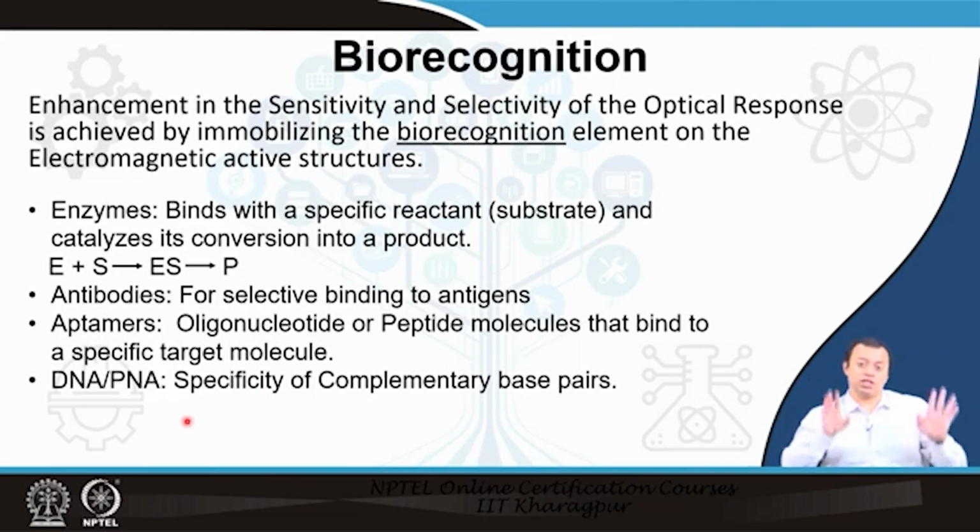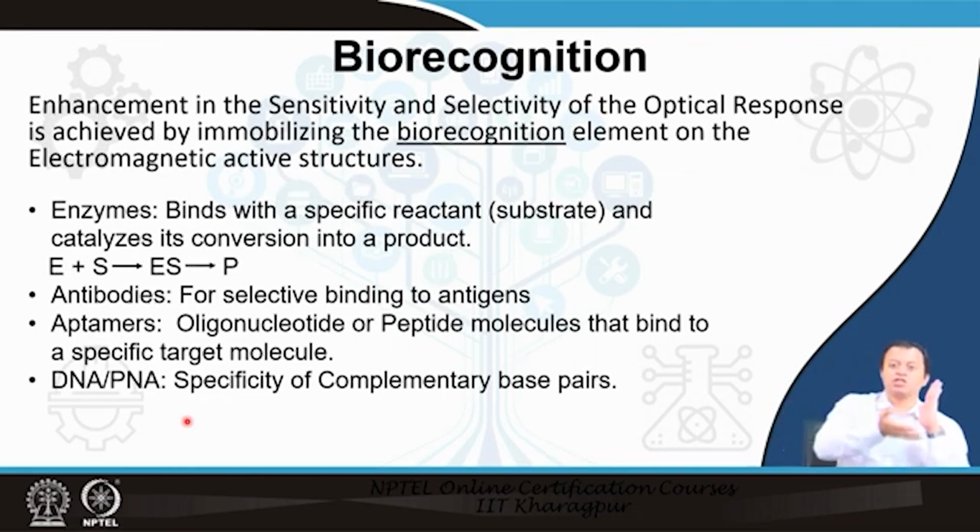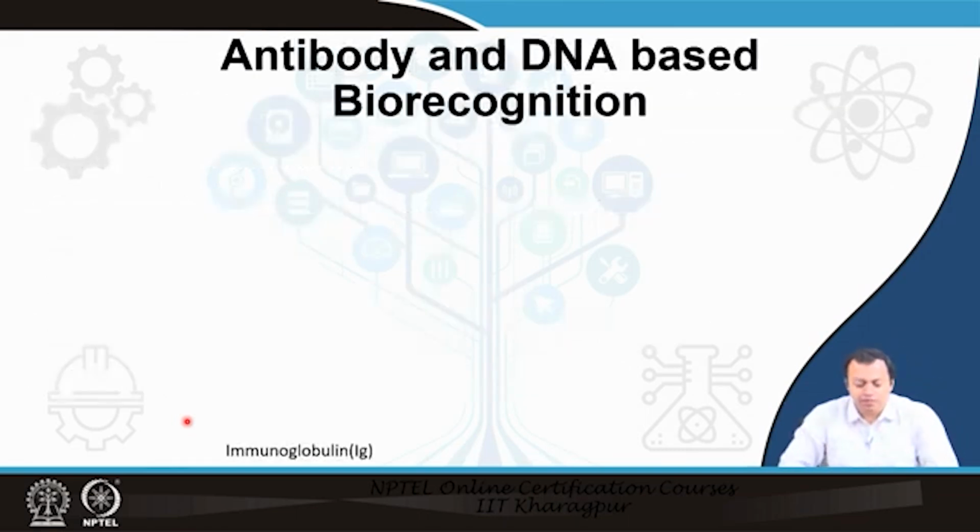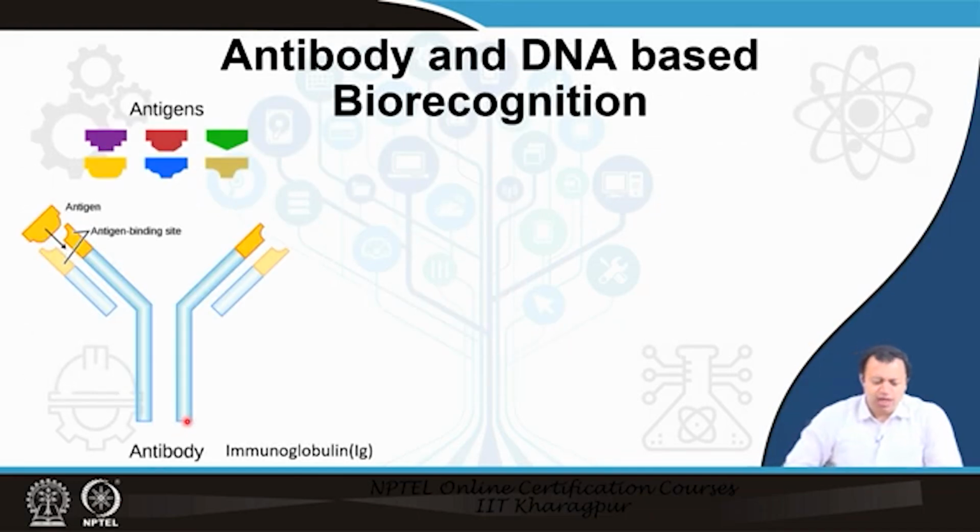So, supposedly you are trying to understand the other complementary form of DNA, a particular DNA which results in a particular strand. You just give a single strand of DNA with its complement. It will attach or it will not attach. That will help your detection. Very, very specific. So, let us go into this antibody and DNA based biorecognition.